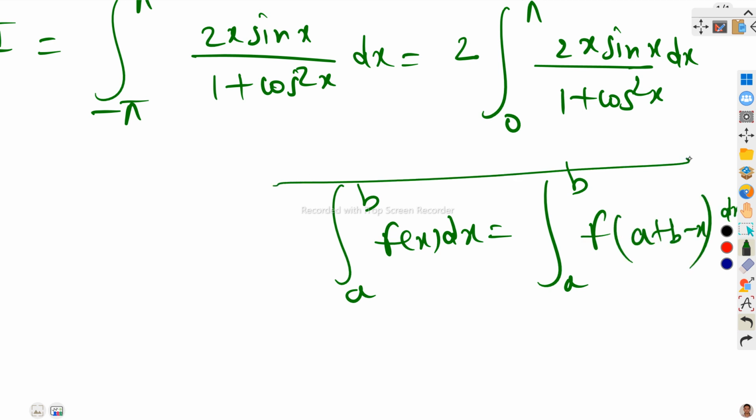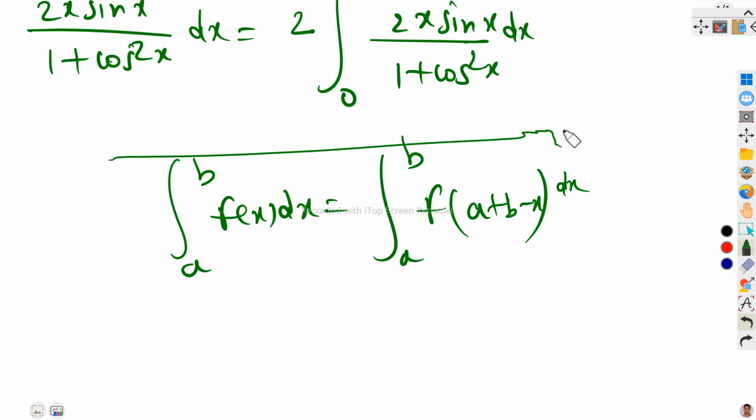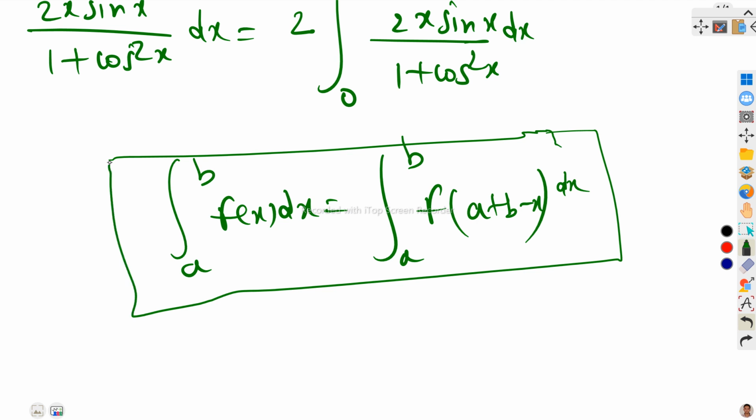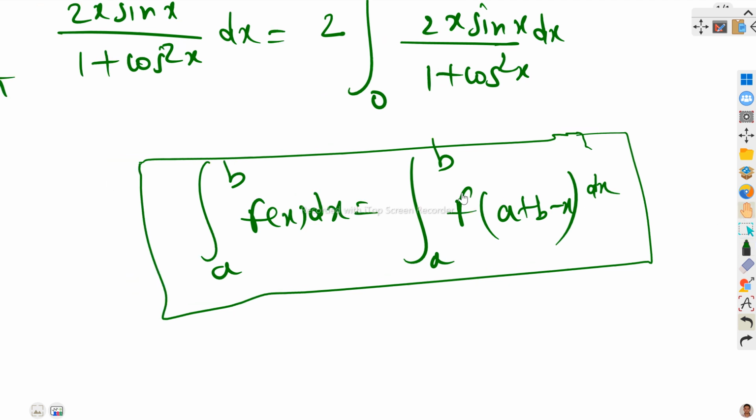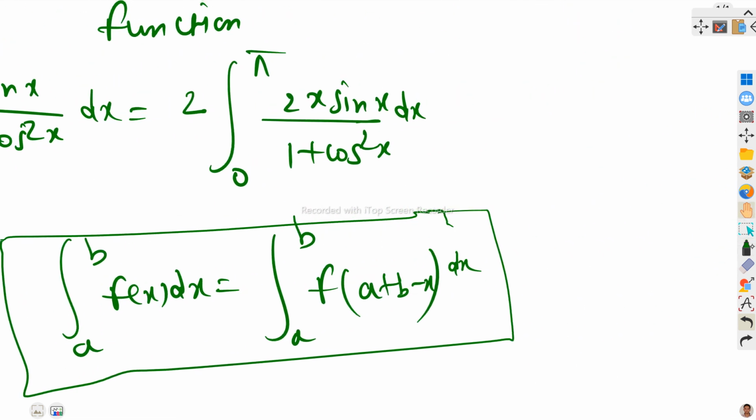So using this property of definite integration, we can write this integral as 2 times the integral from 0 to pi, and this is 2 into 2, which becomes 4.